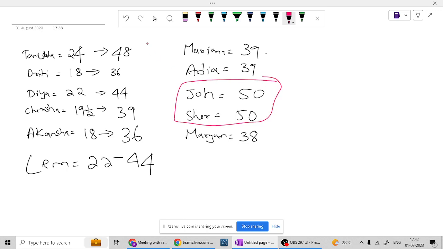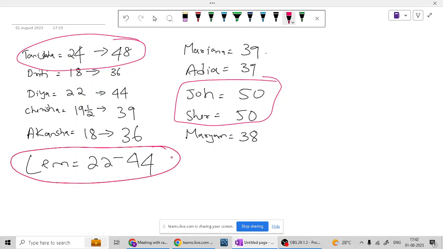Okay, full. After that, second highest Tanishka 48. Then Lemula. Okay, both are considered first, second, third. After 44, which is close. Okay, 3 students 39. Sir, 41, and Diya and Lemula, sir.